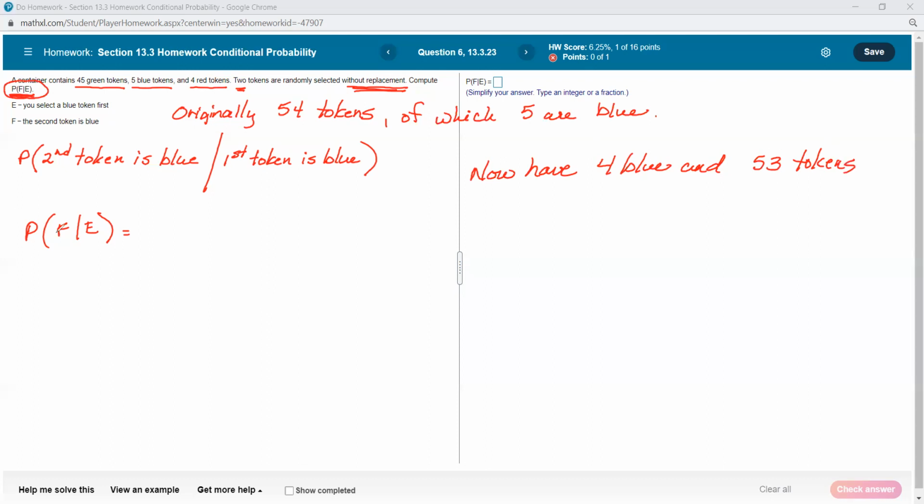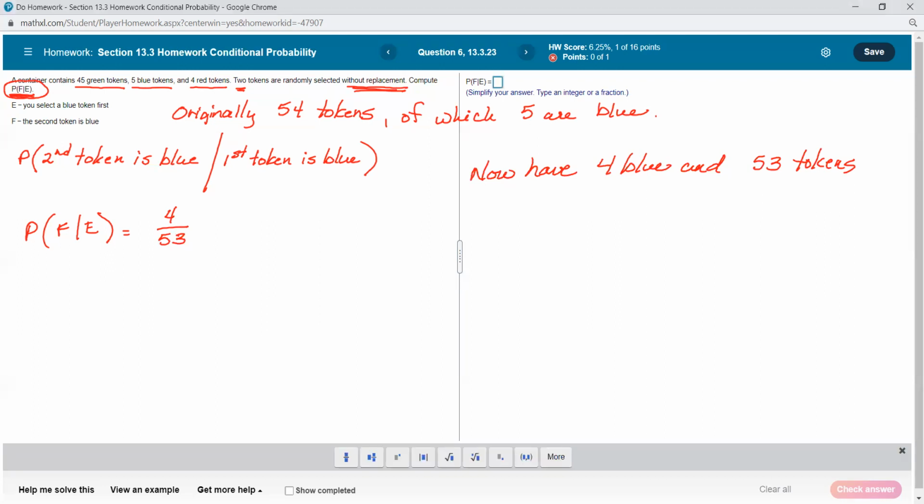So the probability of getting a blue token the second time, given that we've already removed 1 token and it was blue, is now going to be 4 left out of 53 tokens. Let's put that in, make sure they like that answer.